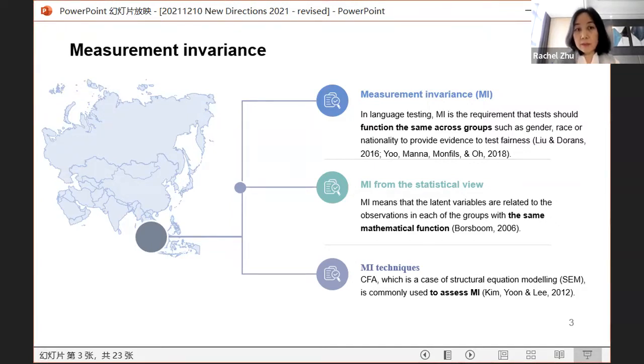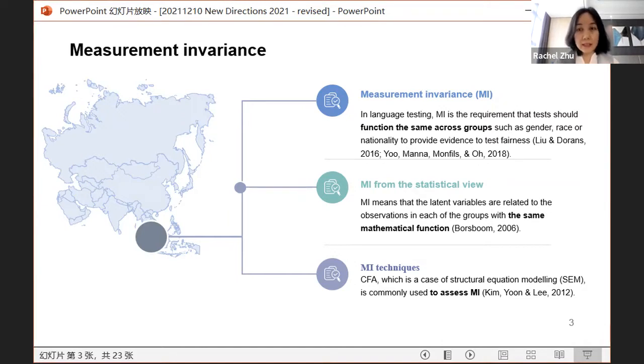From the statistical view, MI means that the latent variables are related to the observations in each of the groups with the same mathematical function. Another commonly used method is differential item functioning, DIF, but there are differences between these two terms.